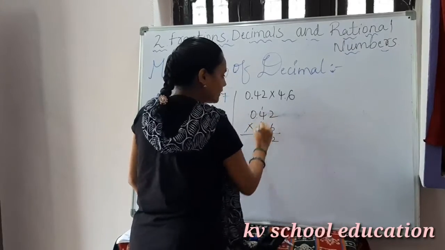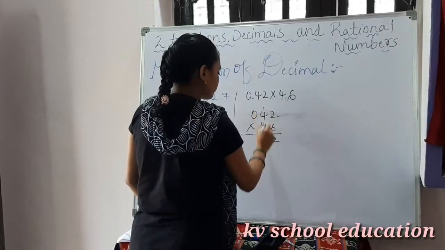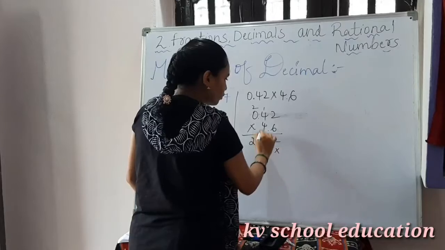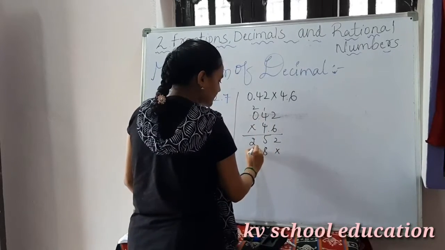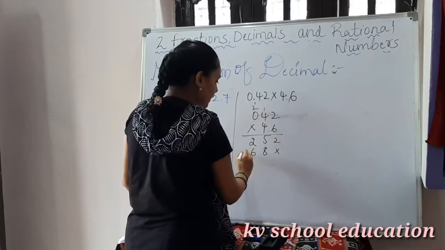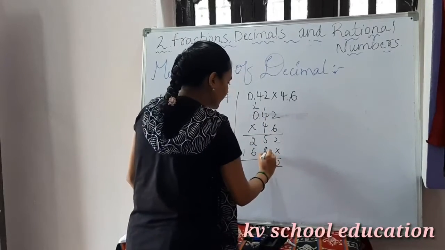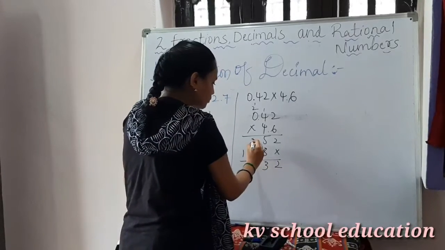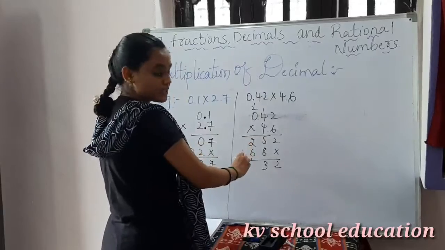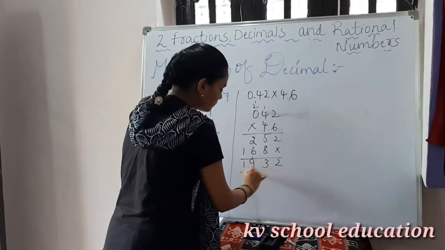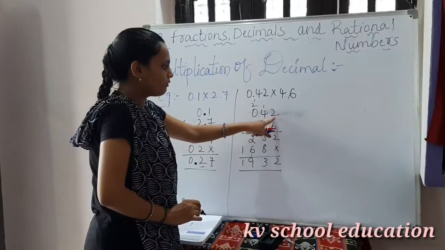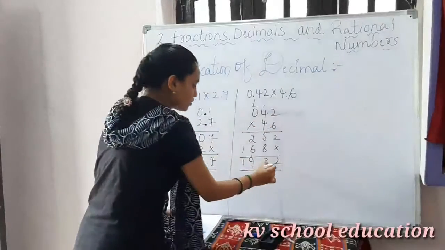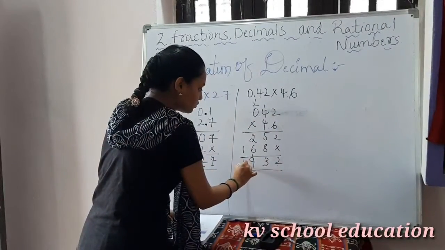So 6 2s are 12, 6 4s are 24 and plus 1 is 25. 6 zeros are 0 and 2. 4 2s are 8, 4 4s are 16, here 1. 4 zeros are 0 and 1. 2, 8, 8 plus 5 is 13. 6 plus 2 is 8 and plus 1, 9. 1. So here the point is after 2 digits and here after 1 digit. So 2 plus 1 is 3. So here 1, 2 and 3. Here we should take the point.